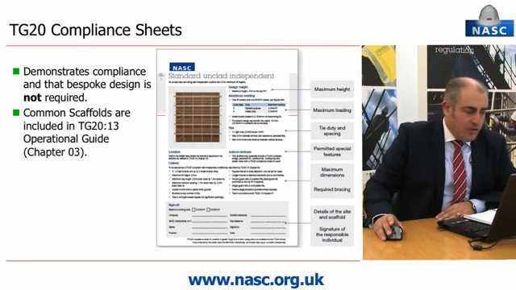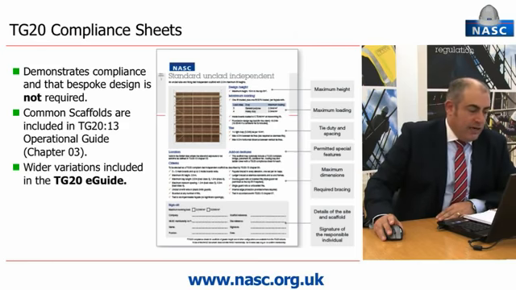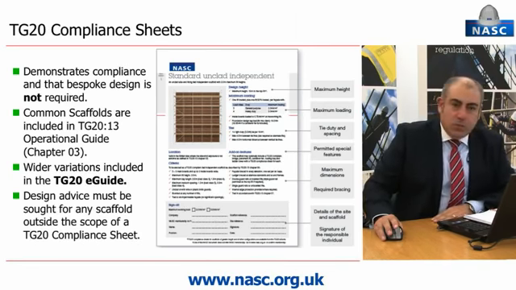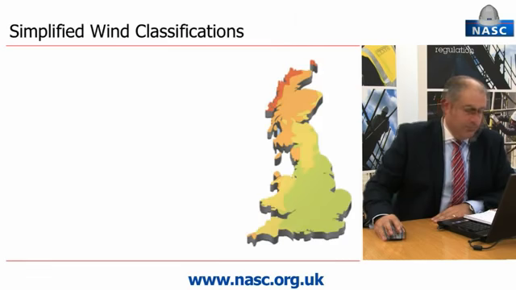It features a range of common scaffolds that are used throughout the UK. A wider range of scaffolds and variations are included in the TG20 e-guide. Design advice must be sought for any scaffold outside of the scope of a TG20 compliance sheet.